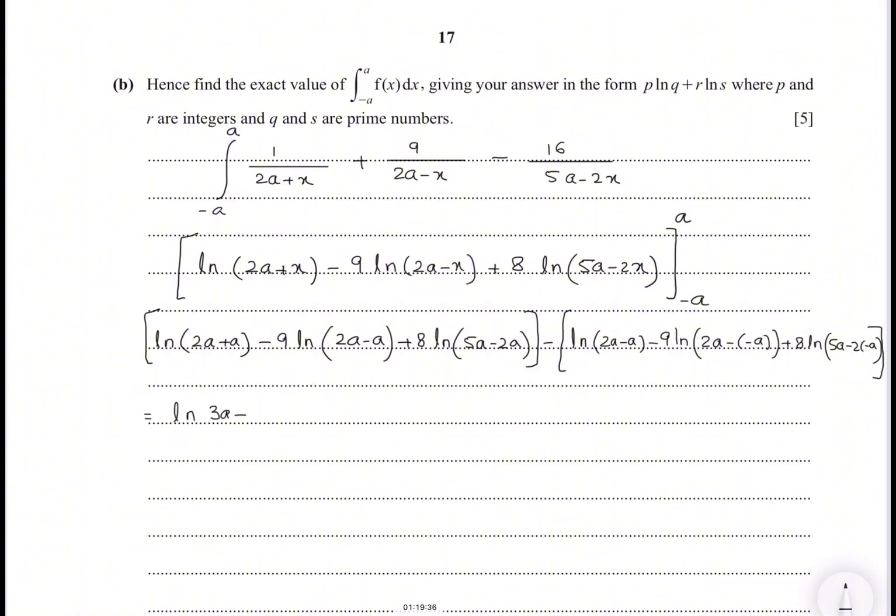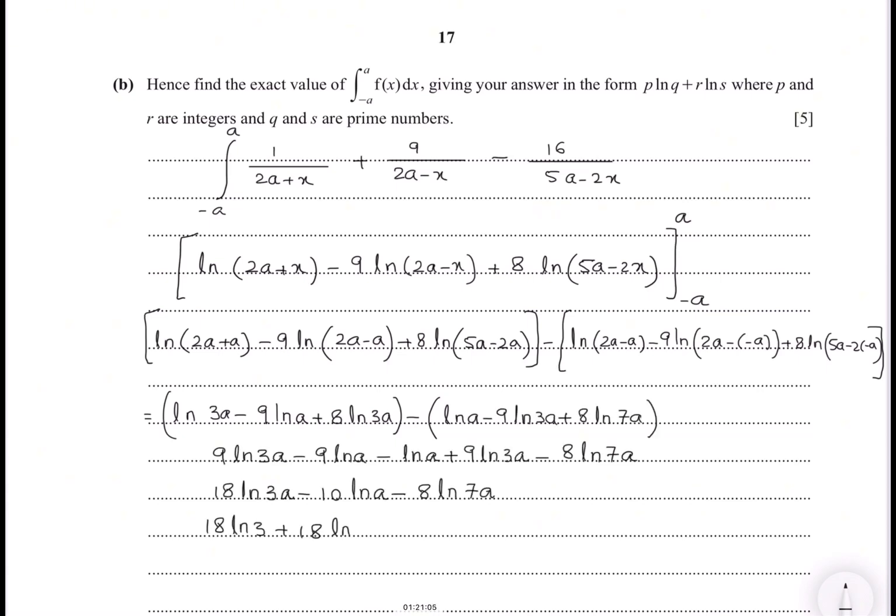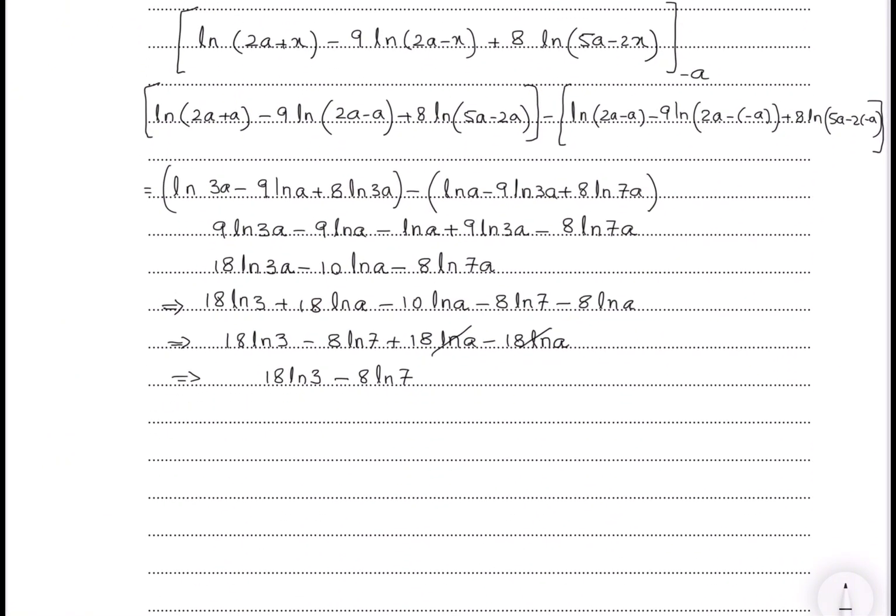Now you simplify this. So you get 18 ln 3 minus 8 ln 7.